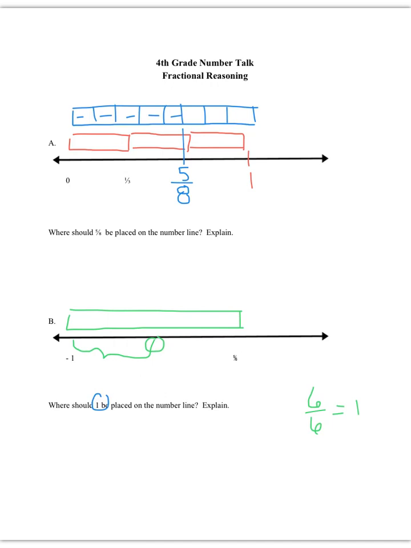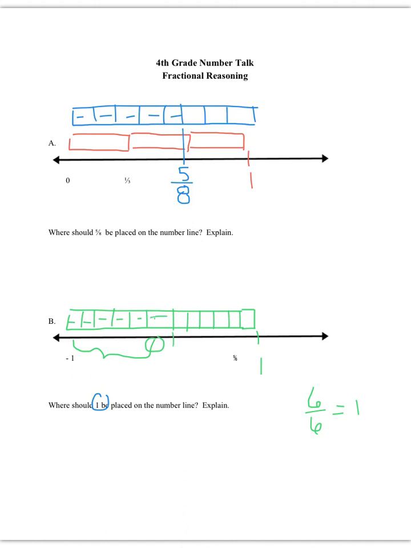So let's think about this. If I break this up into 6ths, right? I break this up into 6ths. Well, if I add another 6th to that, wouldn't that be where my 1 goes? Right? Because I have 1, 2, 3, 4, 5, 6 6ths, which I moved over from that 1 whole space.